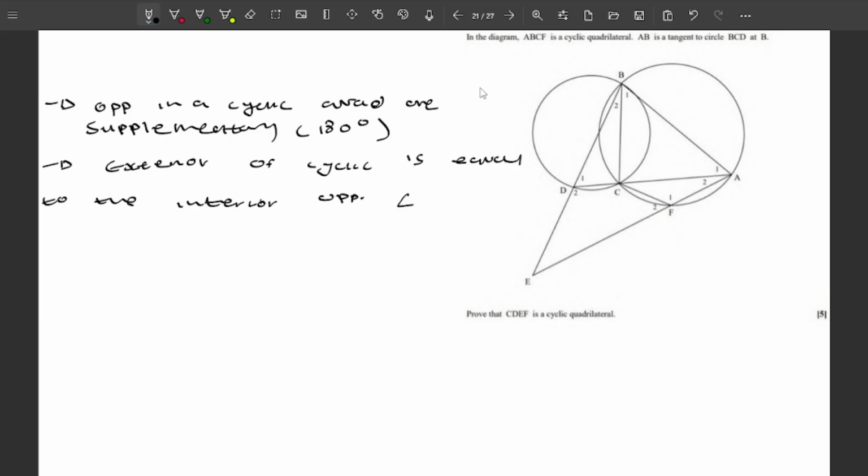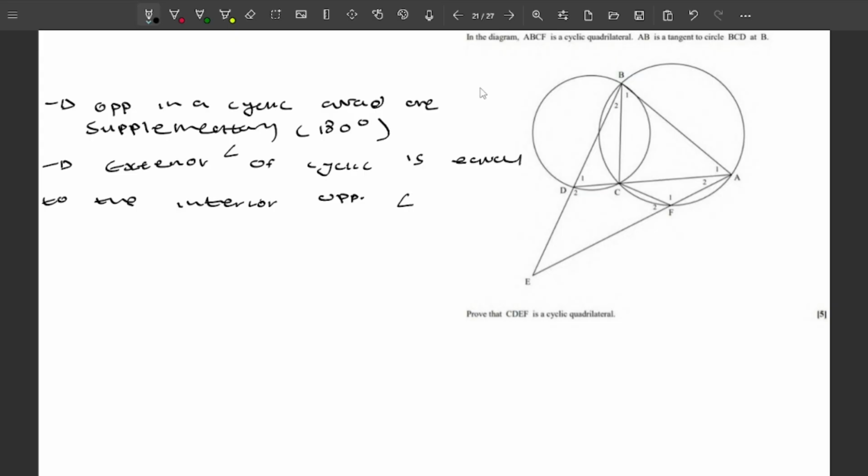These are the two properties that we know when solving cyclic quads, or even Euclidean geometry regarding cyclic quads. When proving, we have to apply this. I usually recommend the second method, which is the exterior angle of a cyclic quad is equal to the interior opposite angle.